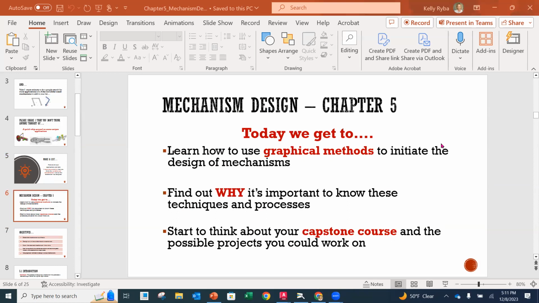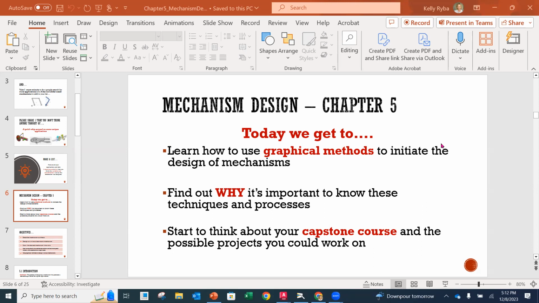In this chapter, we're going to learn how we use graphical methods. We're going to use AutoCAD to initiate the design of a mechanism, and we're going to keep it in that simplified kinematic form. But now, instead of drawing the kinematic diagram for given dimensions, you're going to be given the final stroke, the final throw that we need, and the time that we need to do it in.